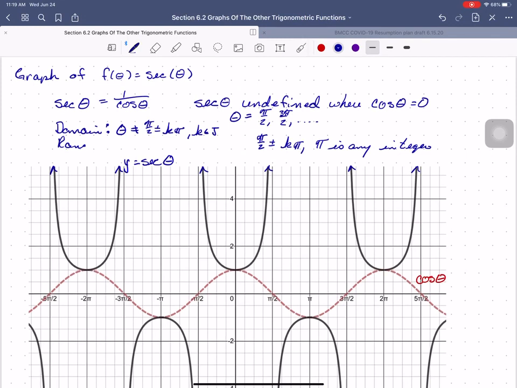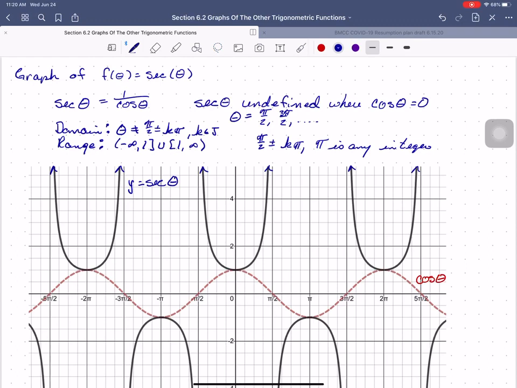Okay. The range of this function is also a little weird. It is negative infinity to negative 1 unioned with 1 to infinity, which really says that a plain old unadulterated secant function won't be any smaller than 1. Well, you can't find a secant value, an output from the secant function between negative 1 and 1.